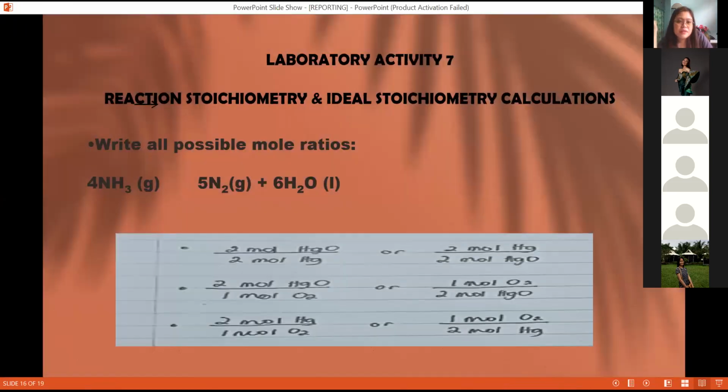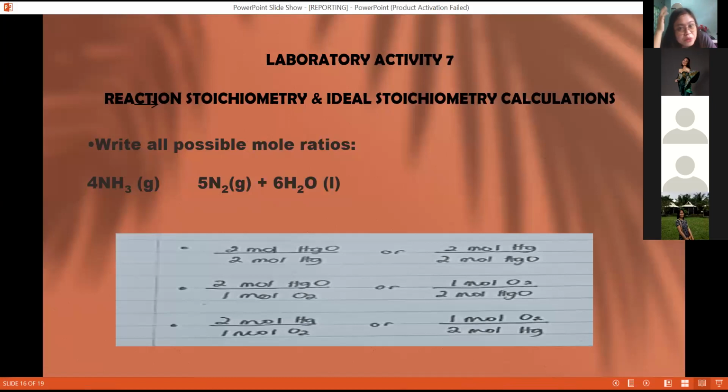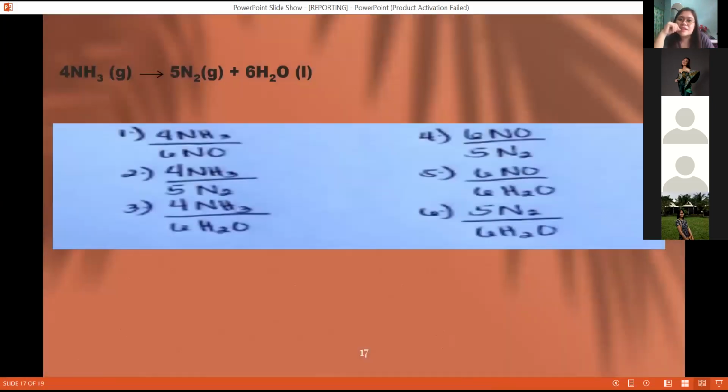Sige, kung sa number 2, guys. What's your question again, Eden? Ano ma'am kanang or ba siya dapat ang ibaliktad sa kada possible na mole ratio like kaning 4NH3 over 6. No. Okay. Yeah, you may do it like that.